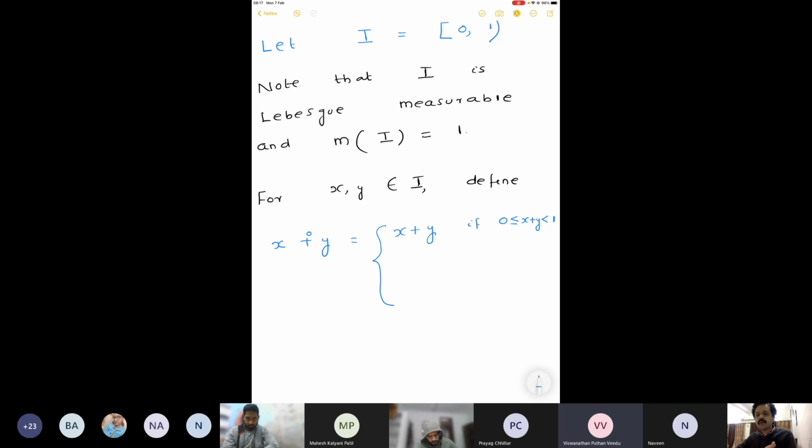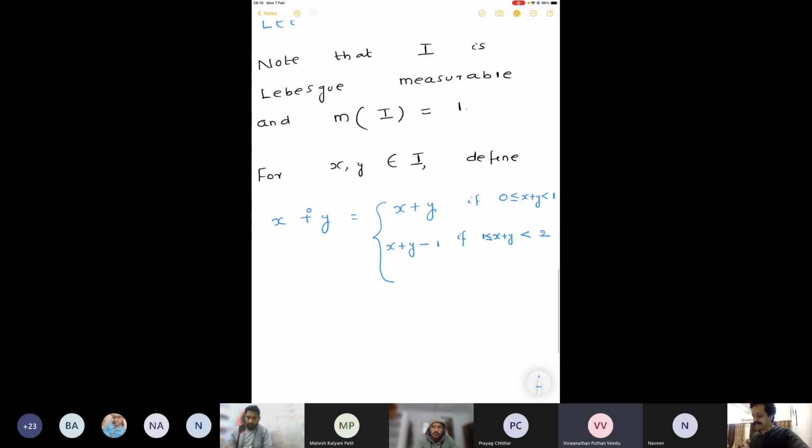The moment it goes outside 1, I will pull it back into I by subtracting 1. So I will define it as x plus y minus 1 if x plus y is greater than or equal to 1, but in fact it will be less than 2. Okay, so this is the definition of addition that I have in I. In fact, this is what is called addition modulo 1.